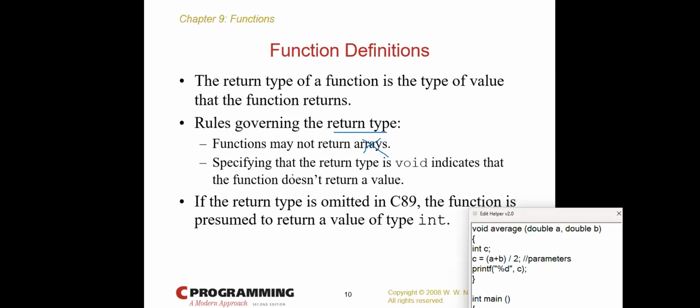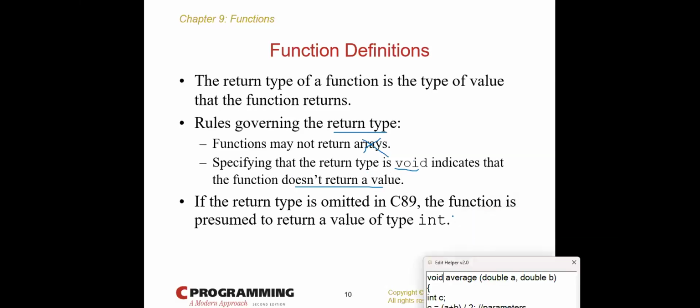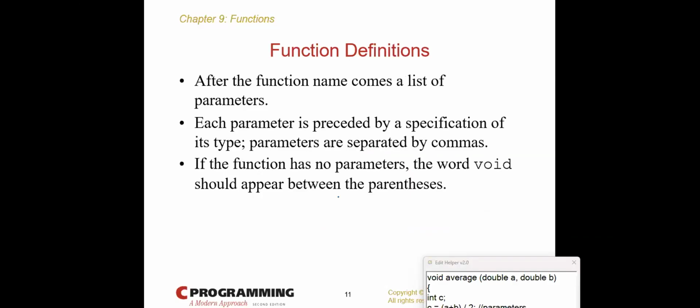It doesn't return anything. If the return type is omitted in C89, the function is presumed to return a value of type int. So if you didn't write the return type, then the compiler assumes that it's an integer.